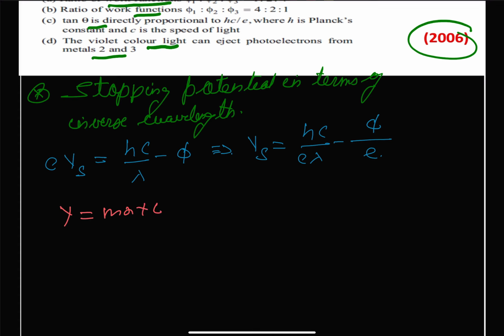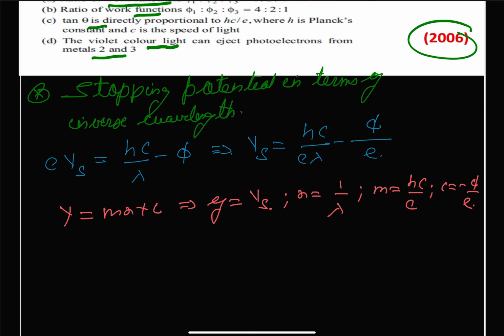So if we make a comparison, y is the stopping potential Vs, x is 1 upon lambda, m is hc upon E, and c will be equal to minus phi upon E.